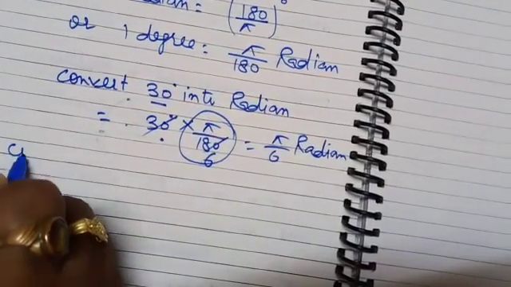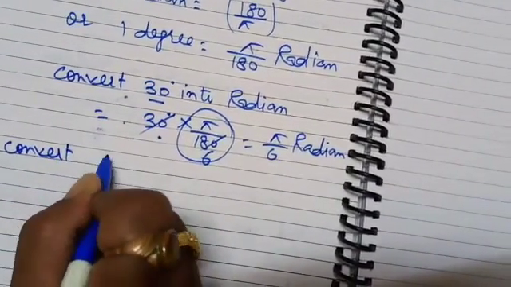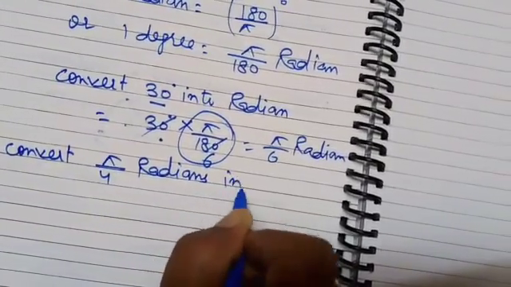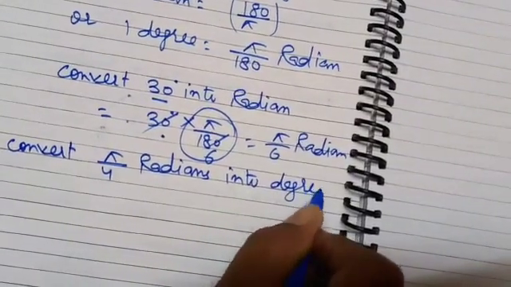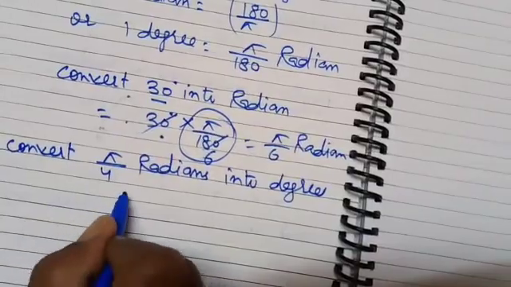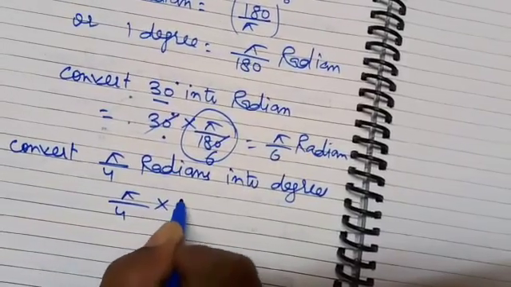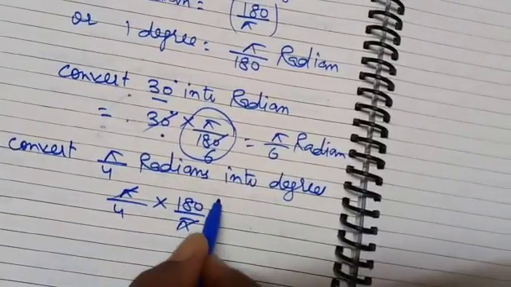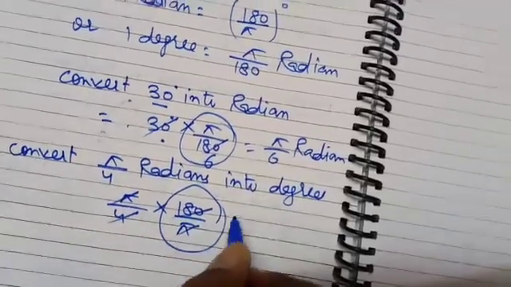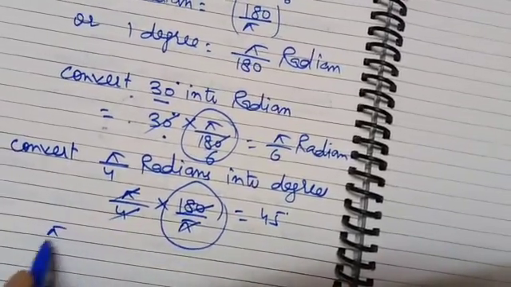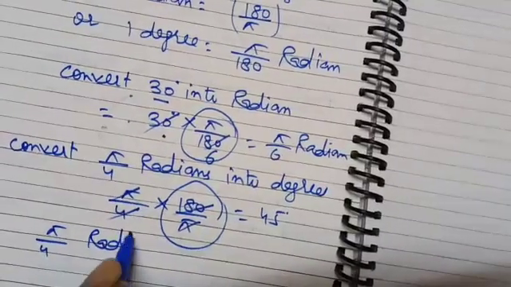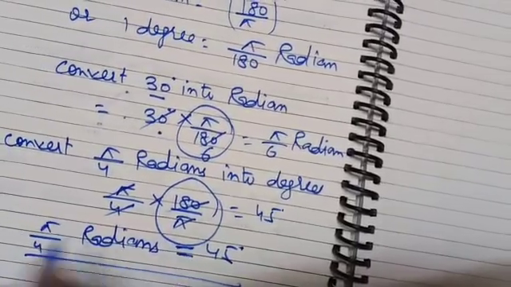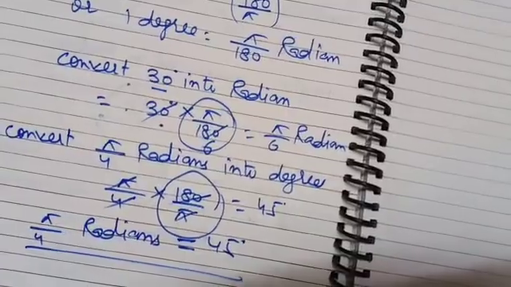Or they can say convert pi by 4 radians into degrees, then you take pi by 4 multiplied by 180 over pi. If you convert radians into degrees, you multiply by 180 by pi. That is equal to 45 degrees. So we can say pi by 4 radians is equal to 45 degrees. This is the relation between radians and degrees.